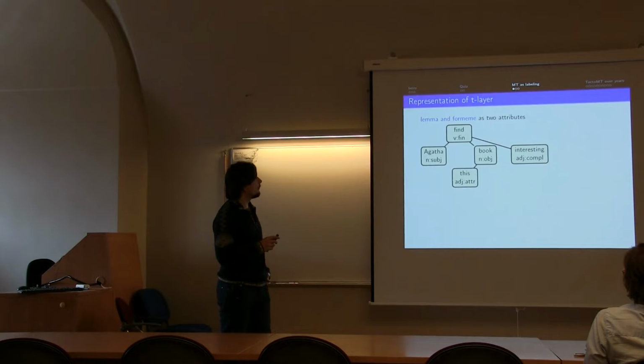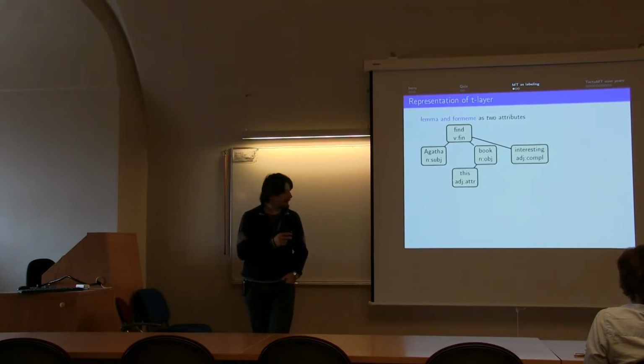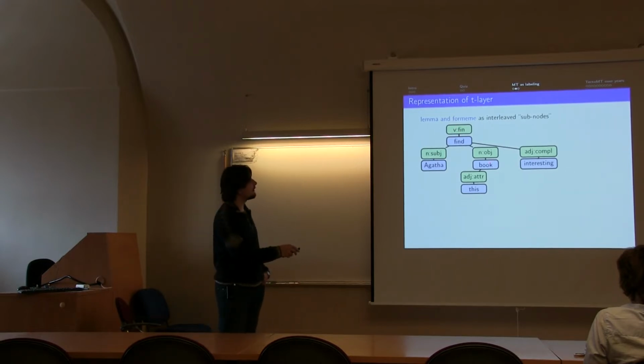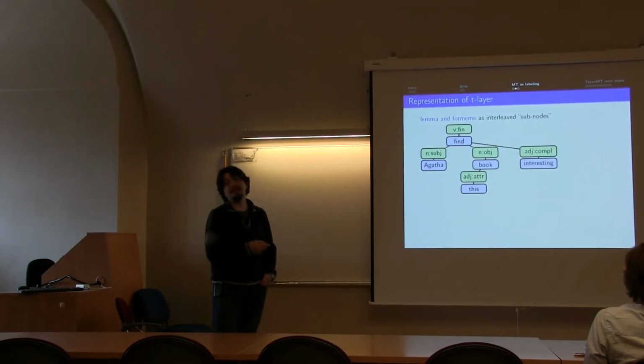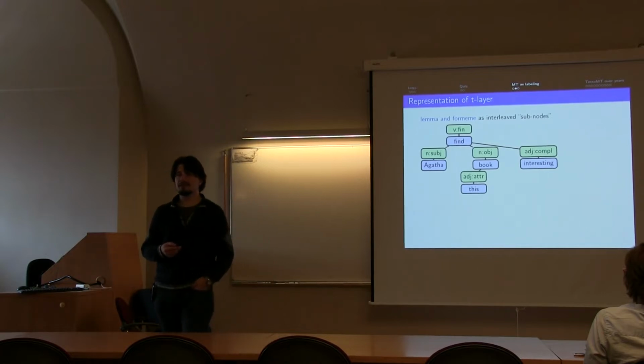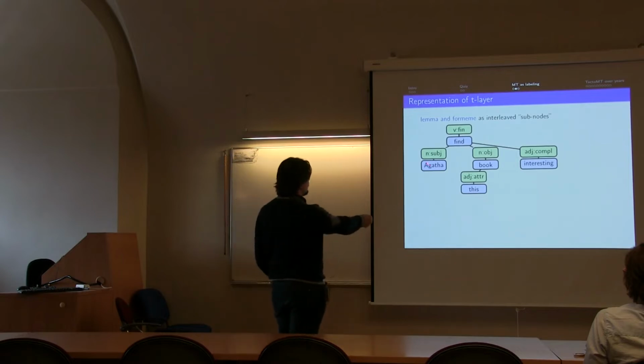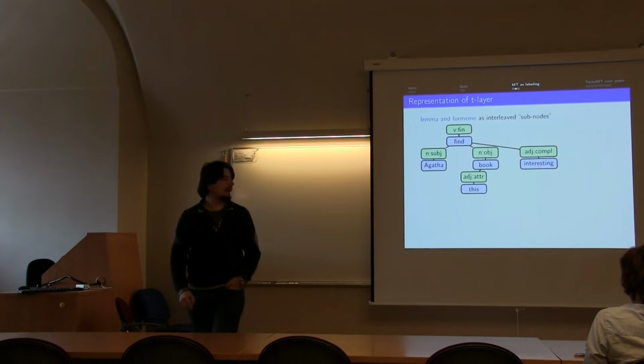And another way to do this is to actually split each node into two nodes such that the formeme is the upper one. That's important. So you can also imagine it that if you have words, let's say find and book, then the formeme is on the edge. It's somehow the label of the edge, which is, I think, even from the linguistic point of view, okay, that actually the subject is a label of the relation between find and Agata.